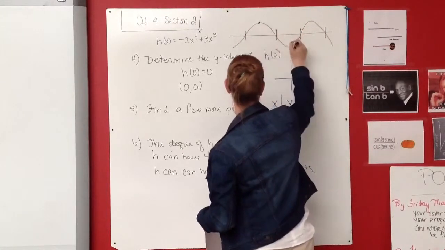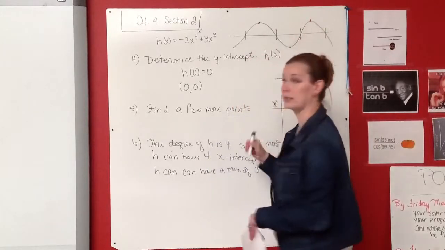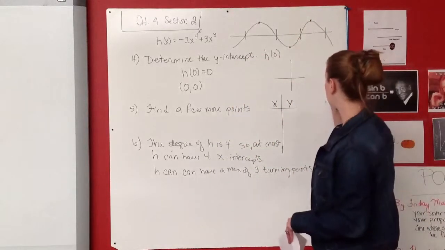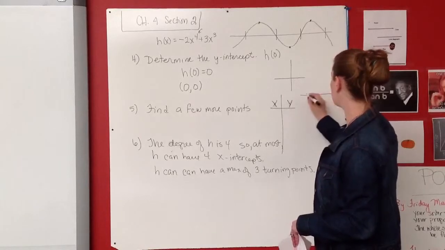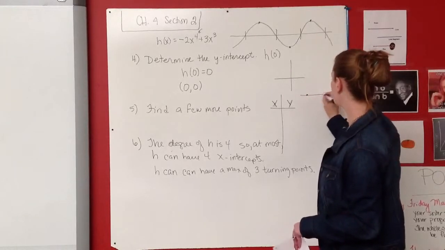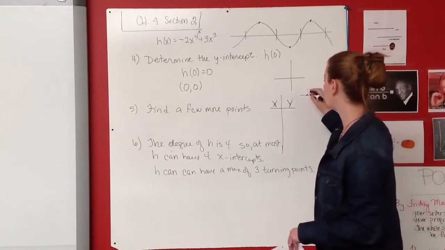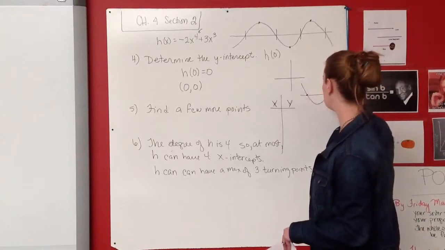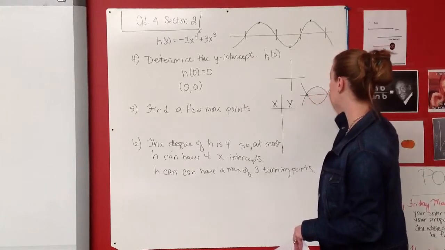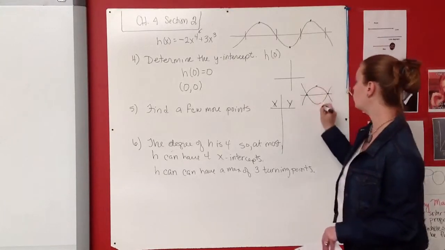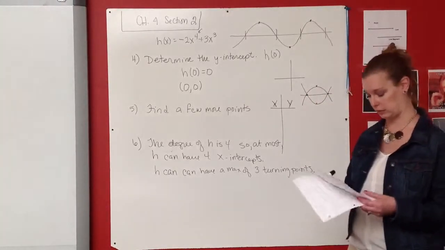You have 1, 2, 3 turning points at most. In this particular case, because we determined that our function only has 2 x-intercepts, we only have 1 turning point. It's either going from decreasing to increasing or increasing to decreasing. But either way, you have only 1 turning point in this particular function.